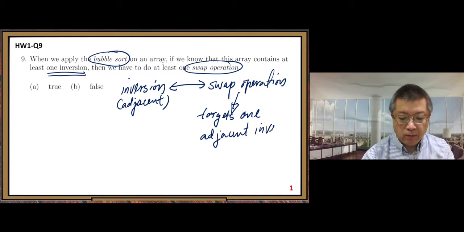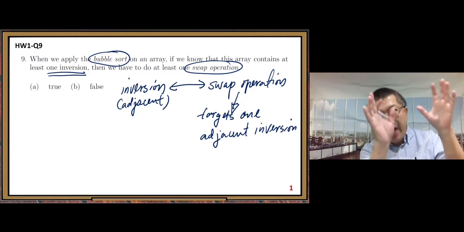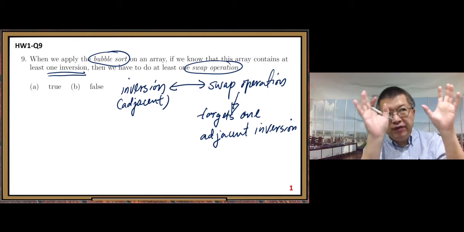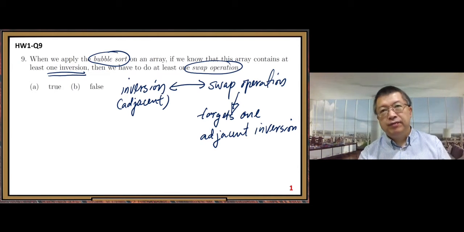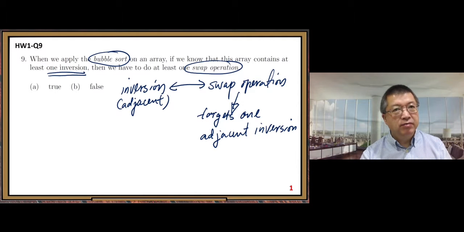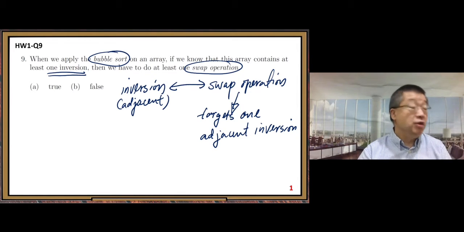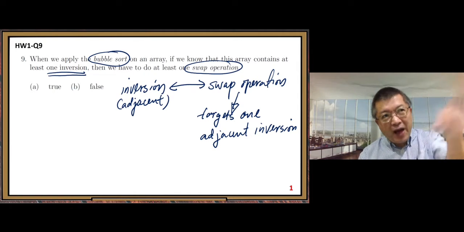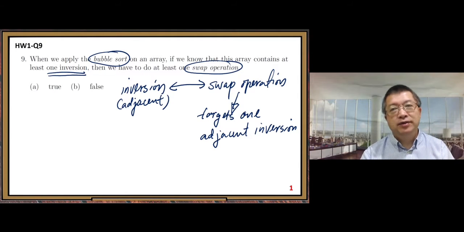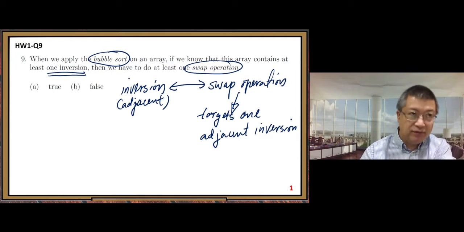After that swap operation, that adjacent inversion is gone. You need to know that kind of detail, so then you can answer this question.